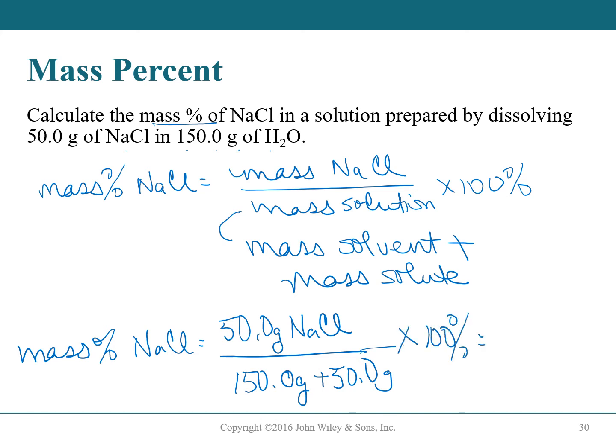And what we get is 25%, and this is 3 significant figures. The bottom will be in the ones place, so it will be 3 significant figures. So 25.0% by mass.